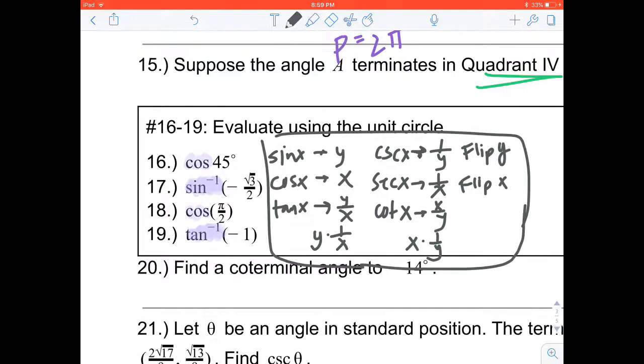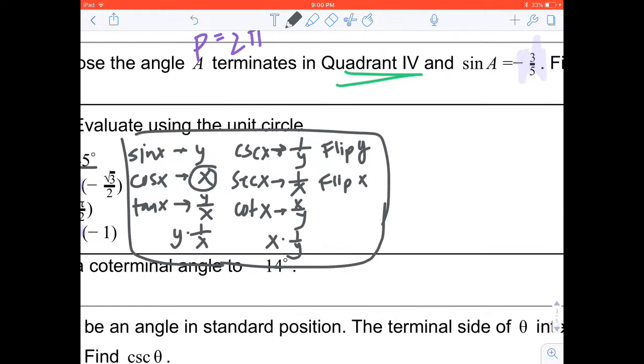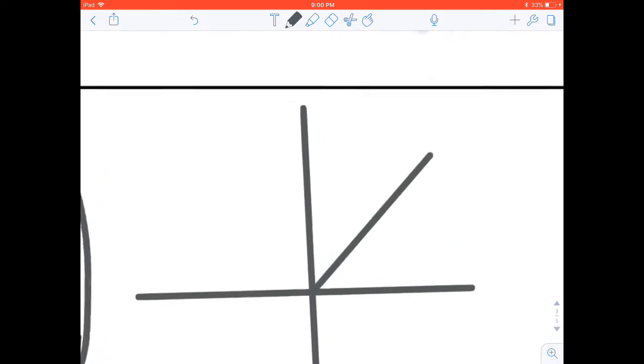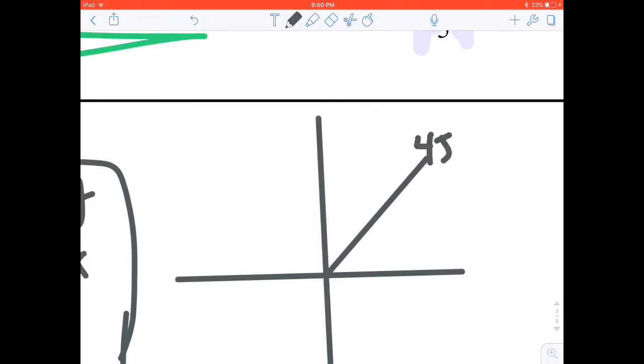these problems here. So this is saying, what is cosine of 45 degrees? Well, to find cosine of 45 degrees, we need to look at the x value at 45 degrees on the unit circle. 45 degrees lands in the first quadrant, right there in the middle. So this is 45 degrees.